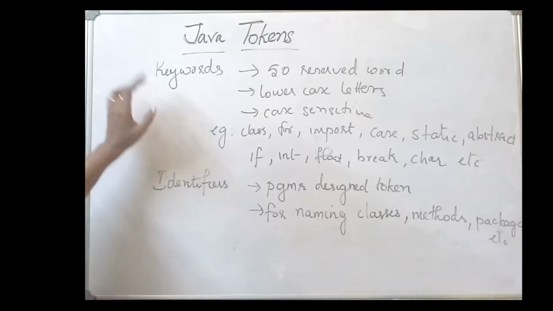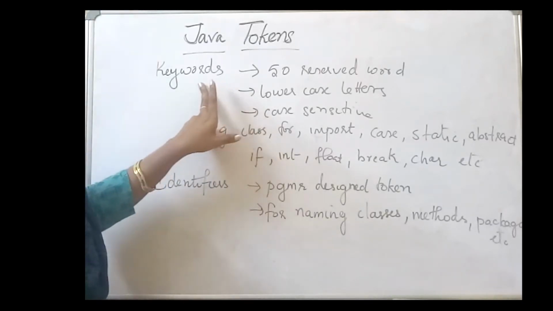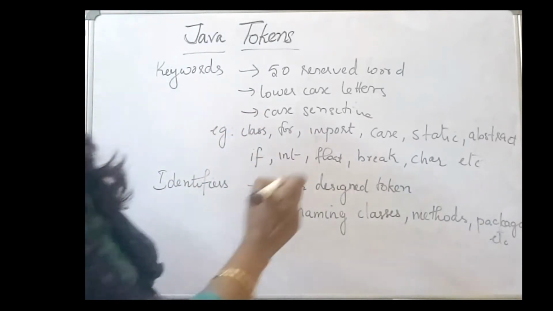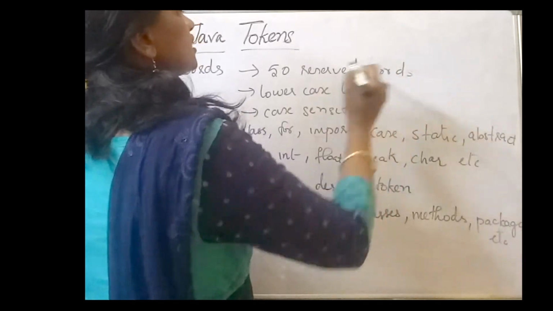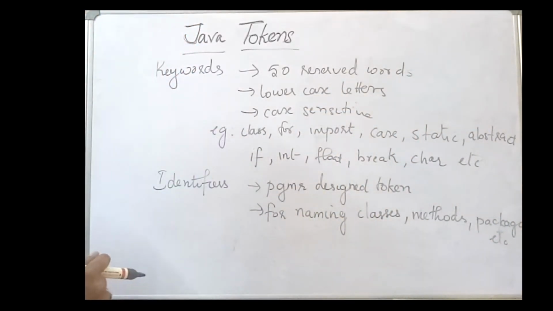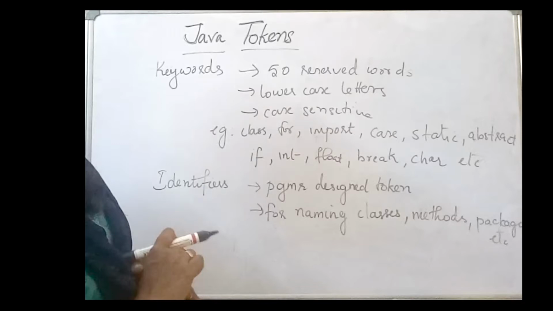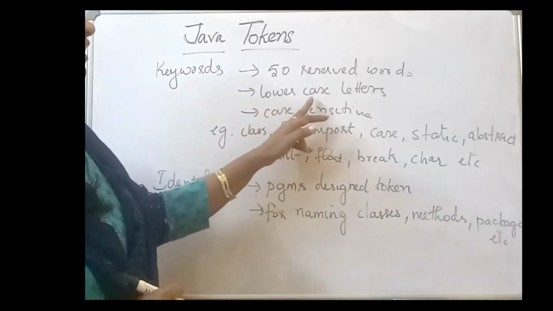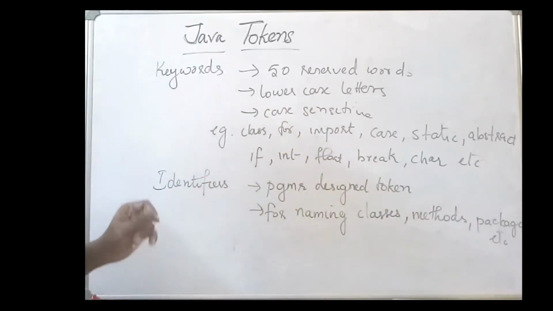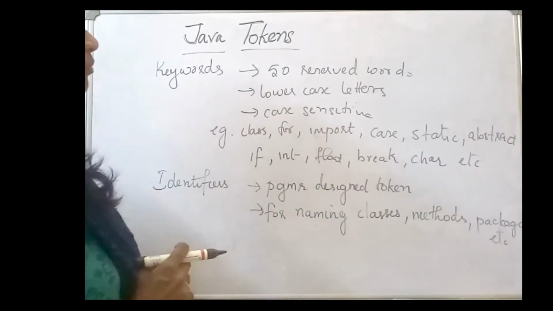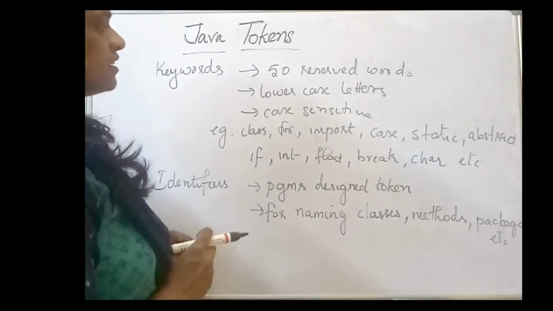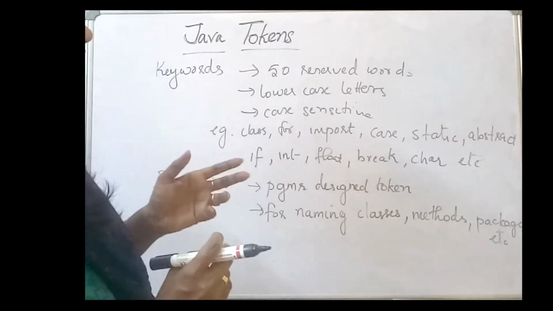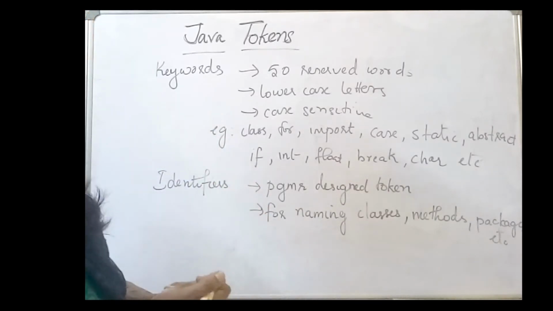Now we will see each and every token in detail. First one is keywords. There are 50 reserved words available in Java, and we have already seen that keywords are words with some predefined meaning in a language. They are usually lowercase letters. Then it is case sensitive. What do you mean by case sensitive? Small letter word and capital letter word are different.